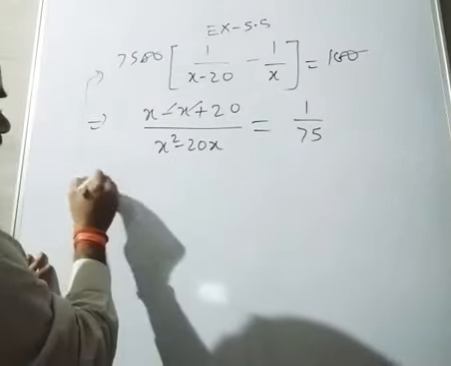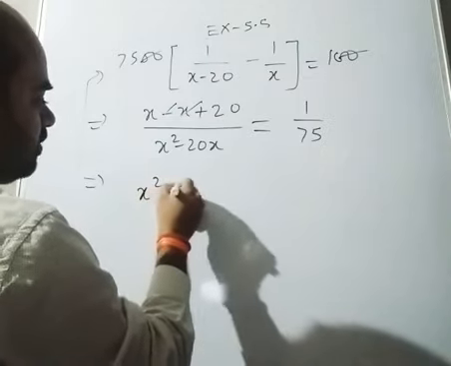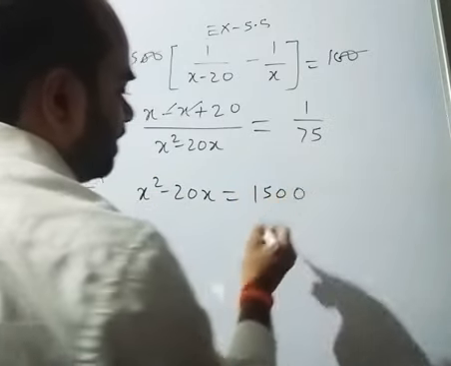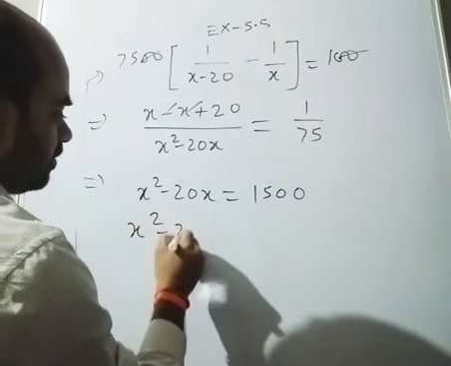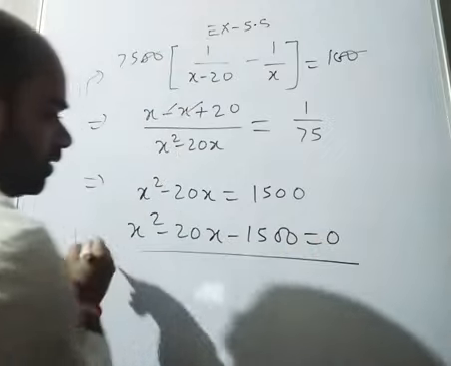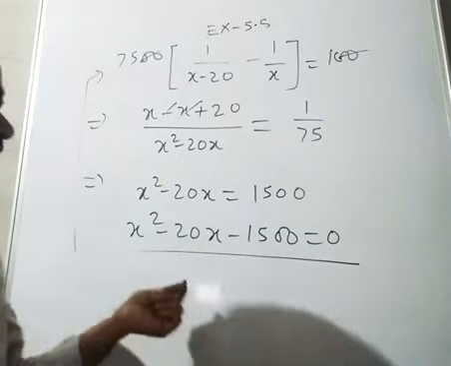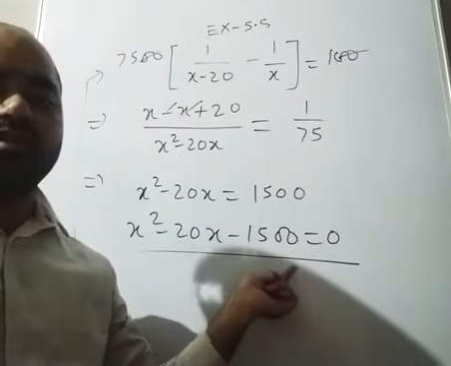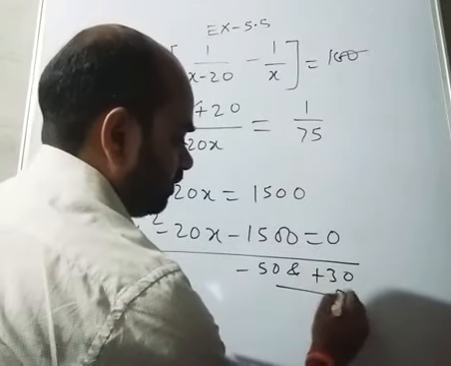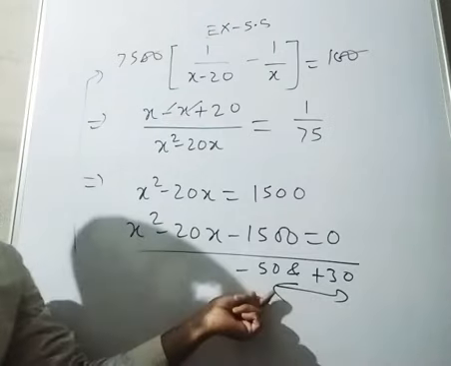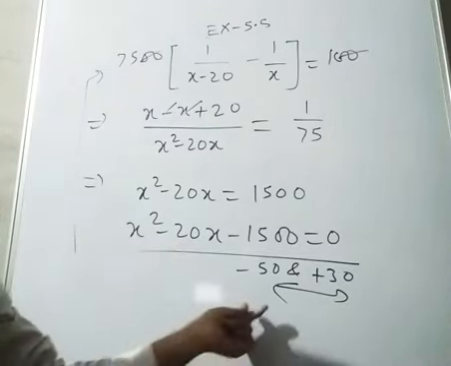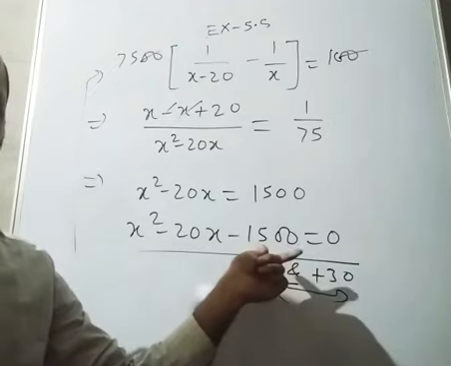It means x square minus 20x is equal to 1500. x square minus 20x minus 1500 is equal to 0. This is the quadratic equation. Minus 20 and minus 1500, it means you can take minus 50 and plus 30: minus 50 plus 30 is minus 20, and minus 50 times 30 is minus 1500.